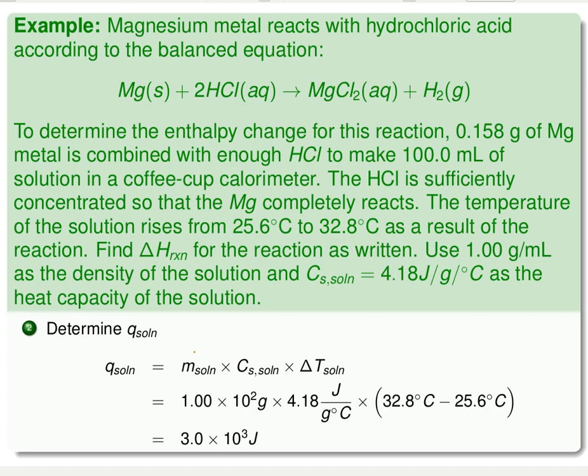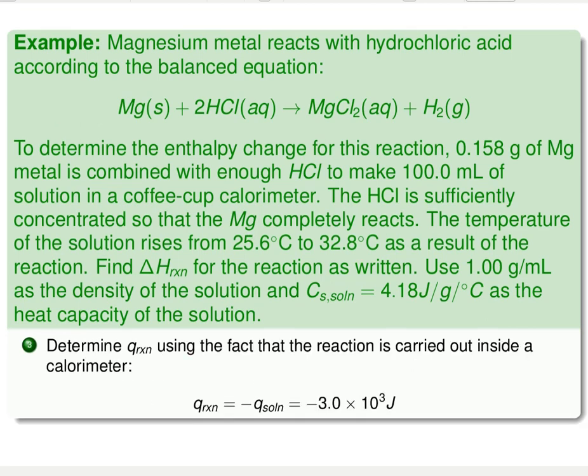Once we have the mass of the solution, we can plug it in right here, use the given value for C and the given values for the final and initial temperatures to arrive at our value for Q of solution. So it's a positive value. The temperature went up, so a positive delta T, which means this solution gained energy.